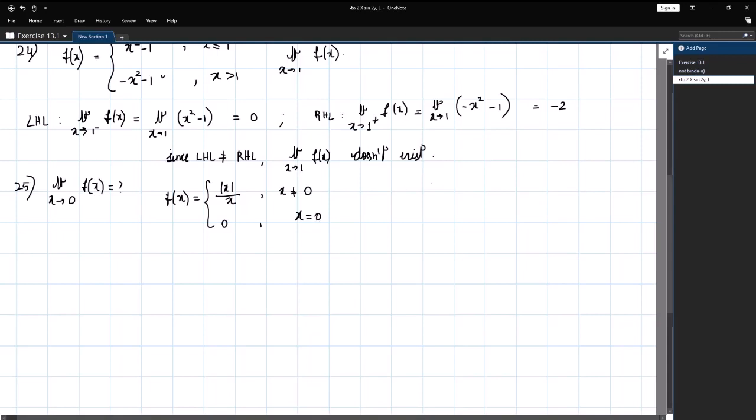So we know that mod x is nothing but plus x if x is greater than or equal to 0, and it gives us minus x if x is less than 0.